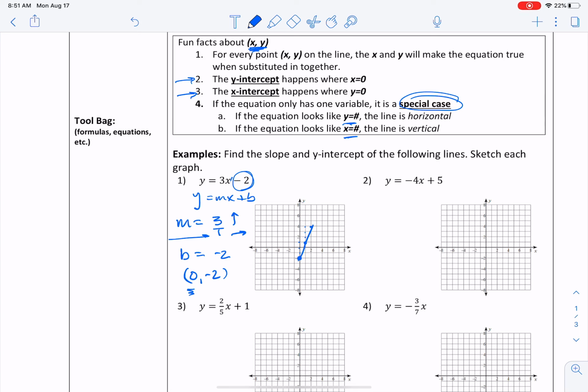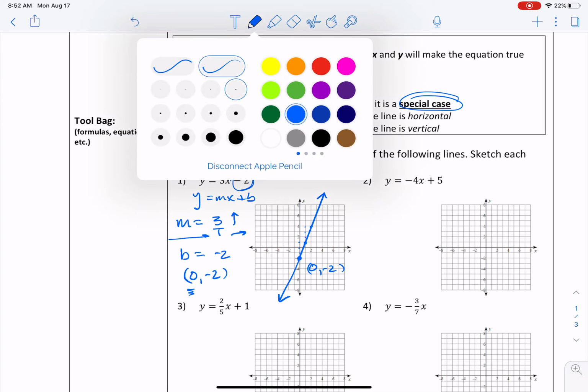And there is our line through the point 0, -2. That's it. Just graphing a line from an equation.